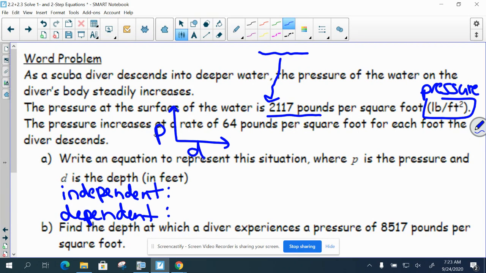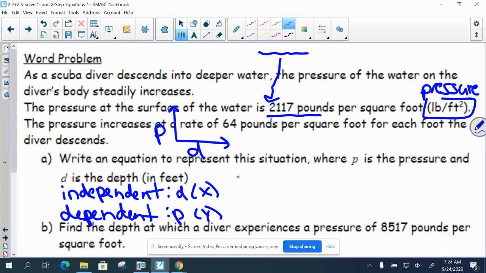So the pressure of the water depends on the depth that you're in the water. So we'll put D, this is like your X variable, and P is like your Y variable.